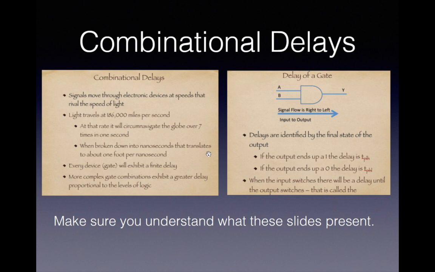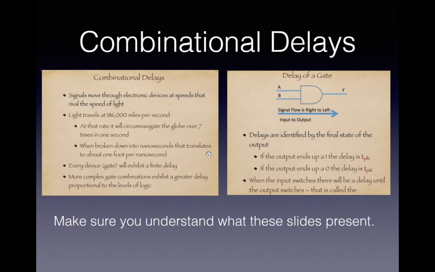A little more on combinational delays. I just threw this in. Whenever we draw a schematic, we should draw it from left to right. The flow is always from left to right. The transition through the gate or the switching is captured in terms of what's going to happen on the output. So they call the time to propagate from low to high the time it takes for the output to switch from a 0 to a 1.